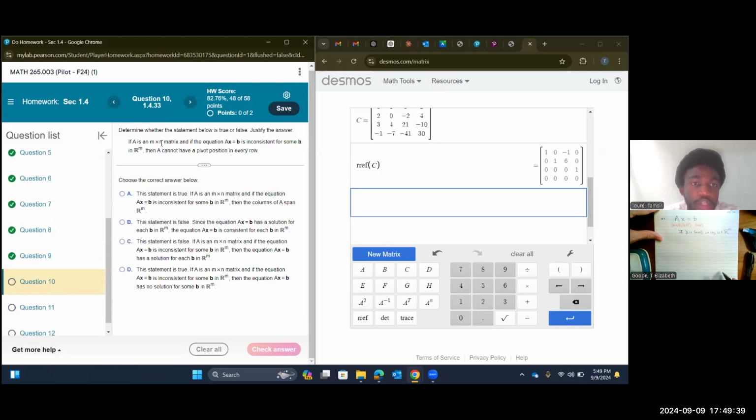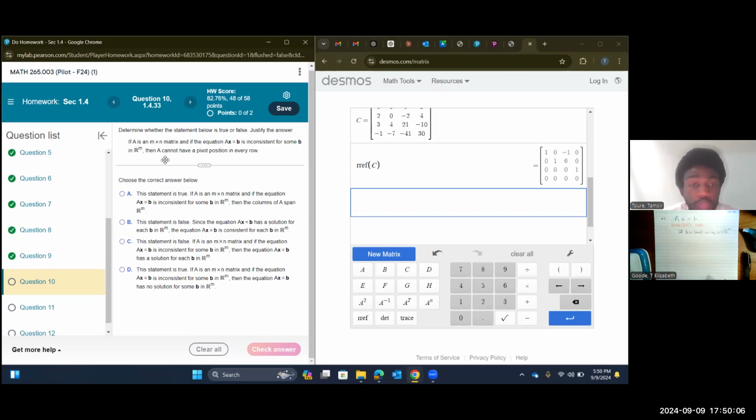Okay, question 10. Determine whether the statement below is true or false. Justify the answer. If A is an m by n matrix, and if the equation Ax = B is inconsistent for some B in Rm, then A cannot have a pivot position in every row.